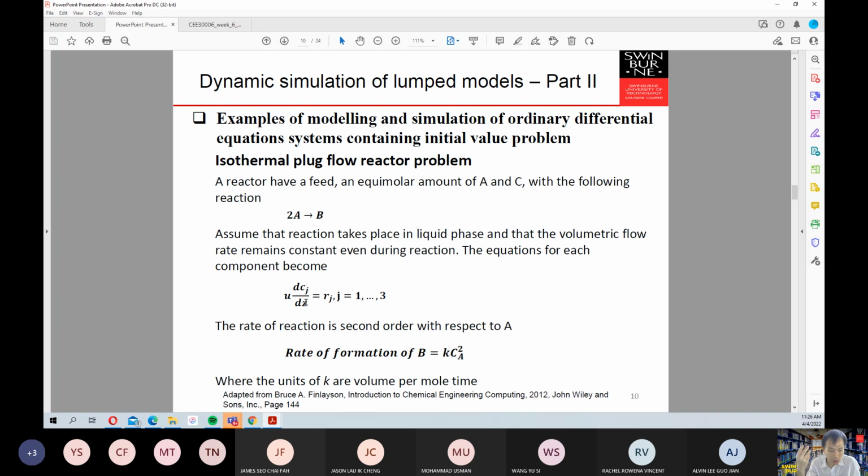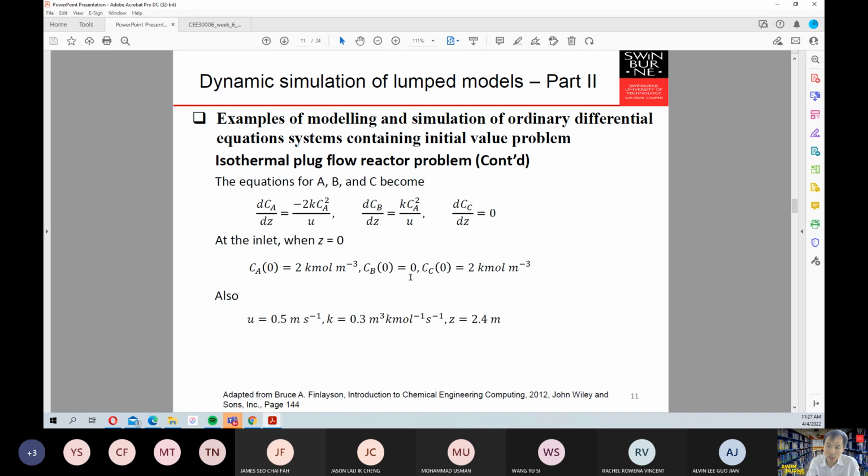So this is called an initial value problem, but the independent variable in here is not the time, but the reactor length. That's why this is the so-called plug flow reactor, and actually this one is a steady state problem. But the methodology applies to the initial value problem, for example, if you are using a batch reactor.